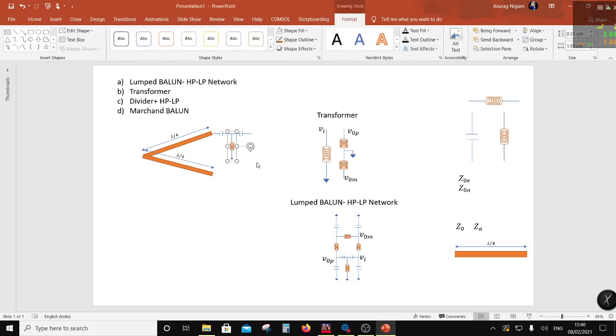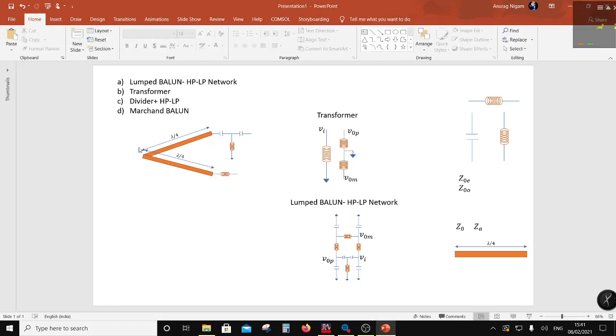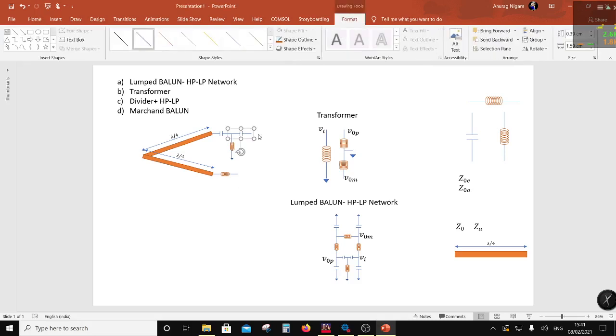So this will be a mixed kind of approach where you have a part of a circuit which is distributed and then a part of a circuit which is lumped. Okay, and you can make it really broadband.